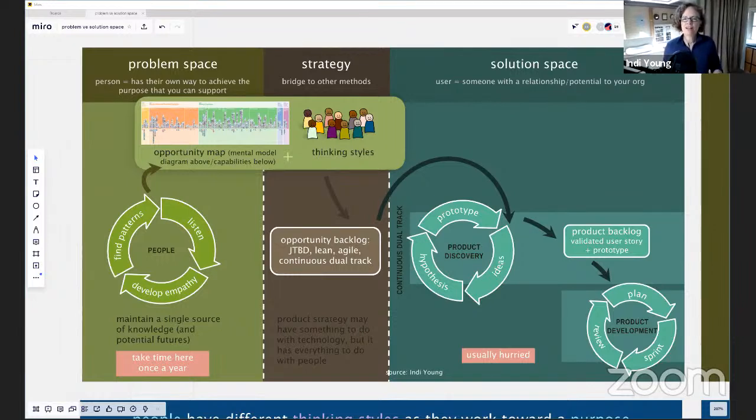So when I try to understand the problem space, that's that one little circle there, I sit down and listen to people. I do a non-directed interview, and I call it listening deeply. And what I'm after is not an explanation of what they're doing. I'm not after the explanation of the steps that they're using.